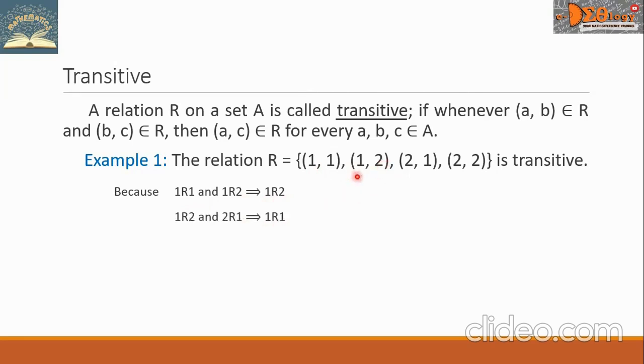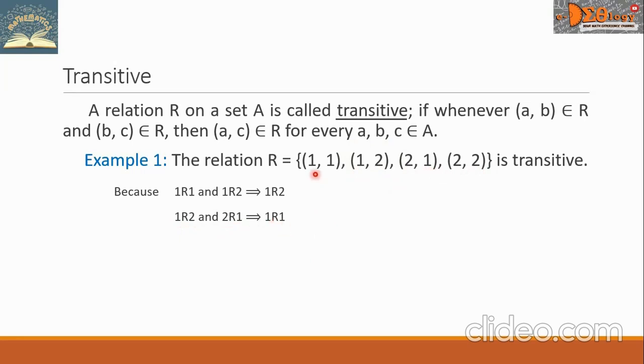Next is the ordered pair (1, 2), and we write 1 is related to 2. Then this 2 is connected to the ordered pair (2, 1), so we write 2 R 1. It implies that 1 must be connected to 1, so 1 R 1.